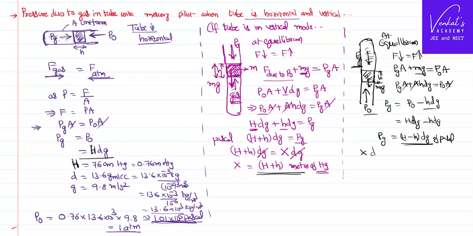If you want to express it in terms of the length, x dg, where d is density of mercury and g is acceleration due to gravity, H minus h times dg, these dg's can be cancelled, then x is H minus h meters of Hg. So you can find out the pressure.